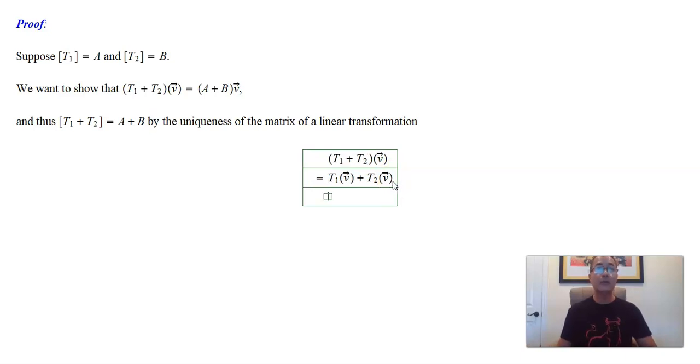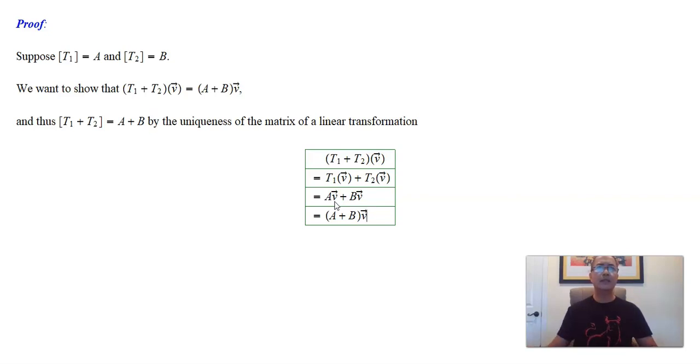But we know that we can compute T1 of V by a matrix product. Okay, so who is the matrix for T1? Let's call it A. So the first term is just A times V, and the second term is just B times V. But wait a minute. We just saw A times V plus B times V. We said that that's exactly the same thing as A plus B times the vector V, the additivity property.